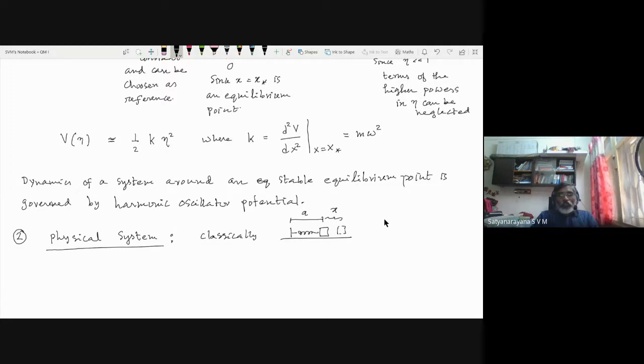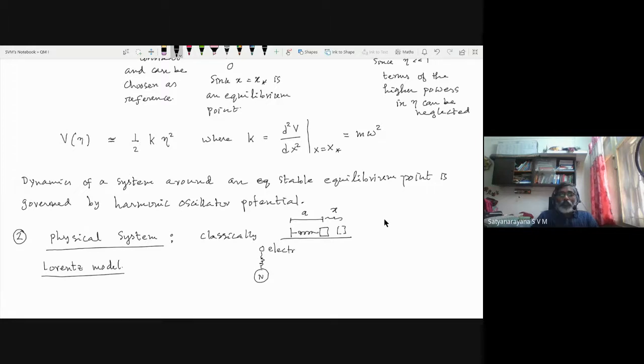Now, any system where this kind of oscillator is involved, all these calculations are relevant. For example, there is the Lorentz model. Let's say you have a nucleus, and then there is a spring, and then let's say there is an electron.